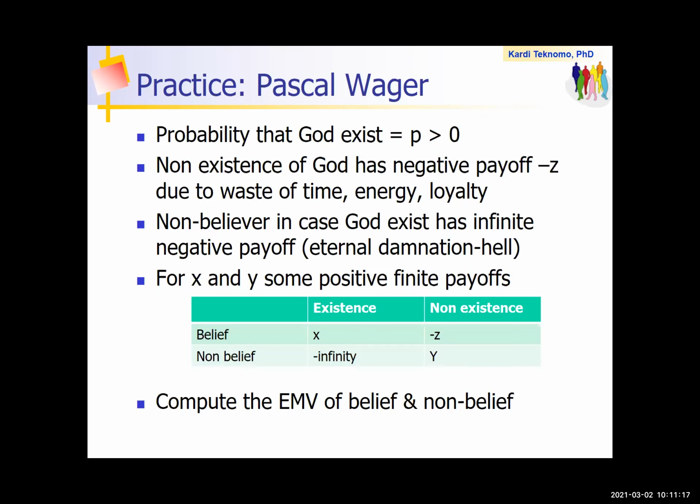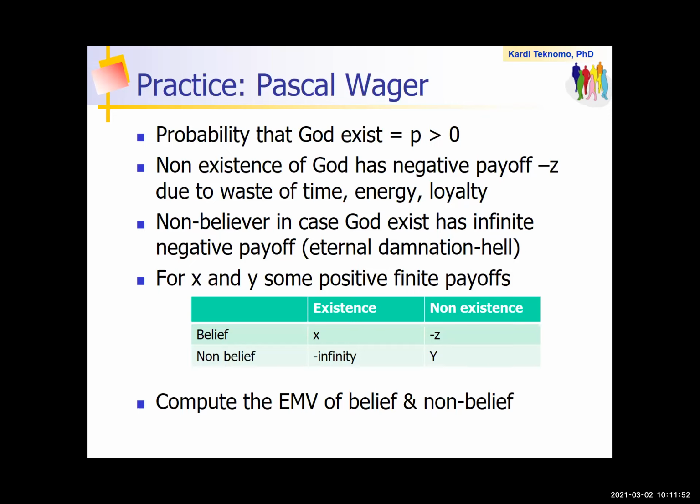Now, if you don't believe, a non-believer, in case God exists, then you will have an infinite negative payoff, which is eternal damnation or hell. Now, if God does not exist and you don't believe, then your payoff is Y. So X and Y are some positive finite payoffs.